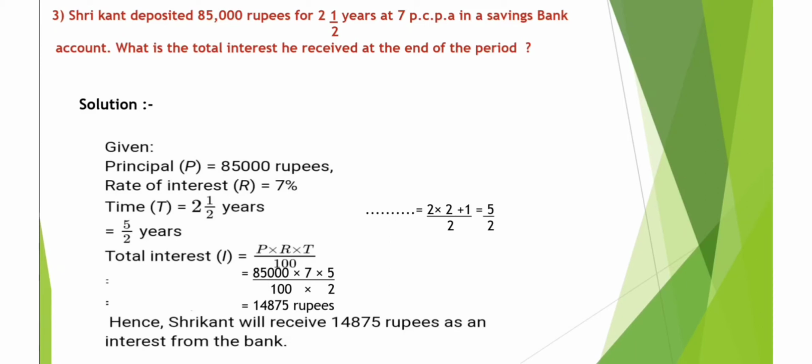Now you have to cancel both the zeros from numerator and denominator. The answer you get is 14,875 rupees. Hence, Shrikant will receive an interest of 14,875 rupees from the bank.